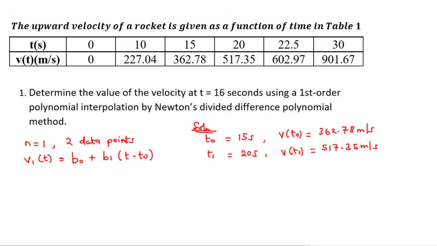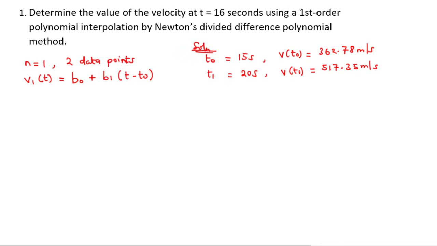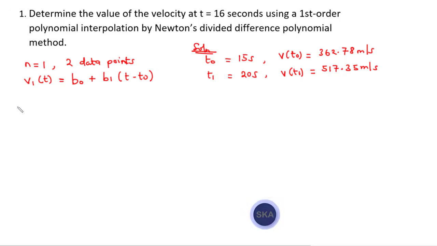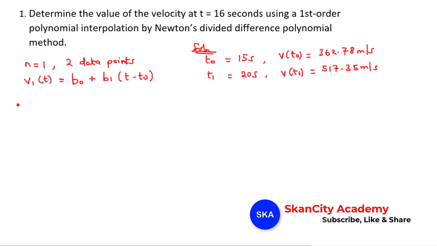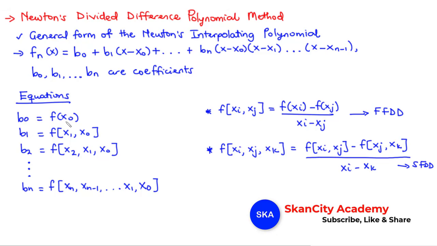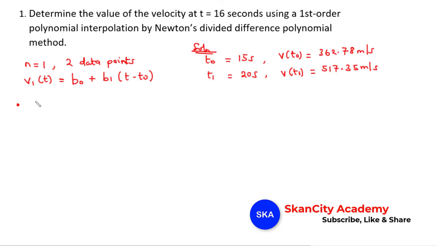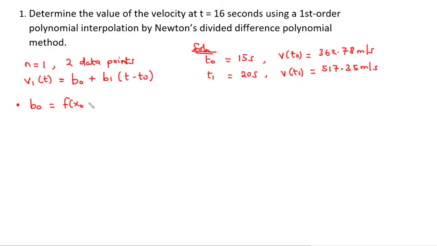So the next thing we are going to do is combine these data points as well as the equations to obtain the coefficients b0 and b1. Let's do that here. For the first equation, we have b0 equals f of x0, and in our case we have velocity as a function of time.